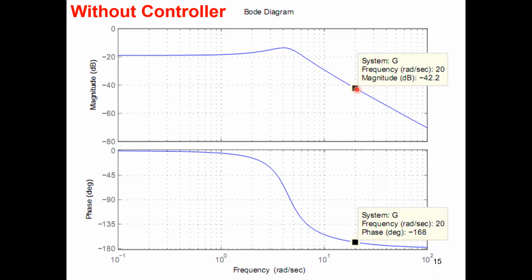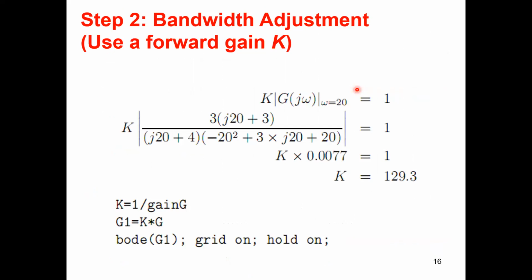Okay, so let me show this to you. As you rightly said, we are going to introduce a gain. This is the existing plant. This is the frequency, omega equals 20.